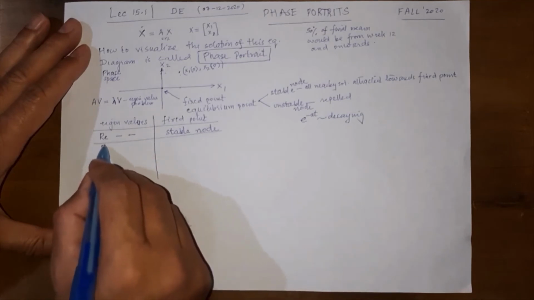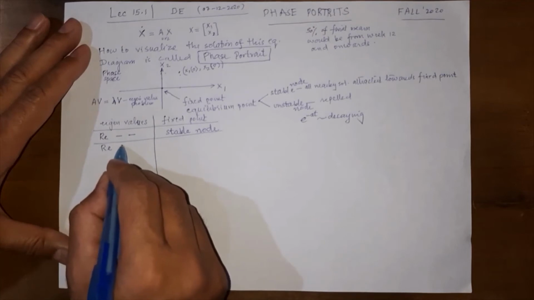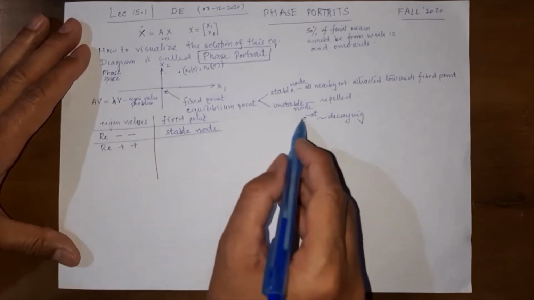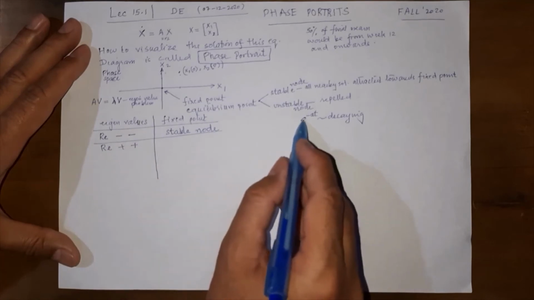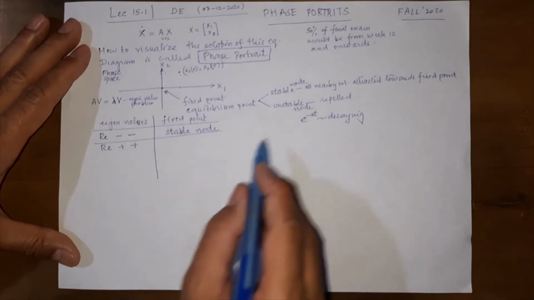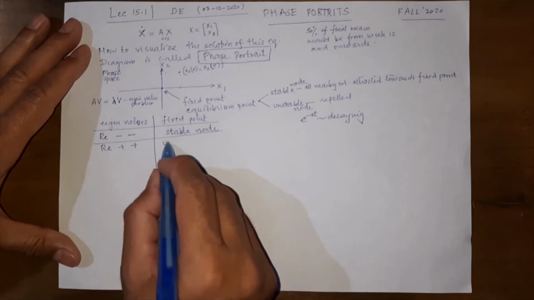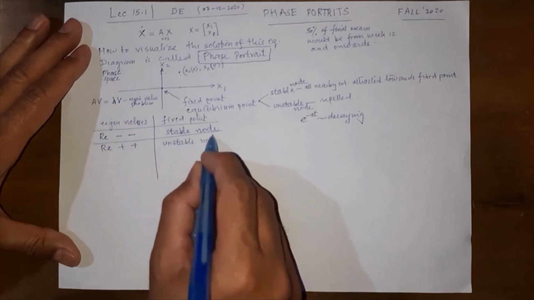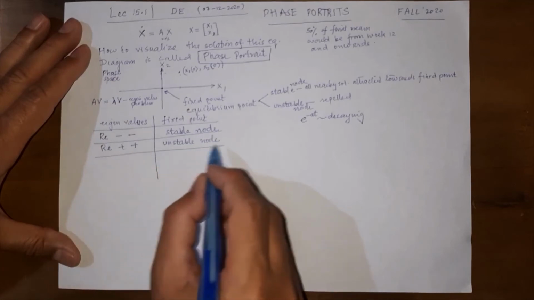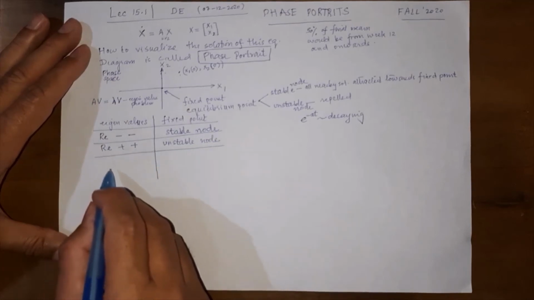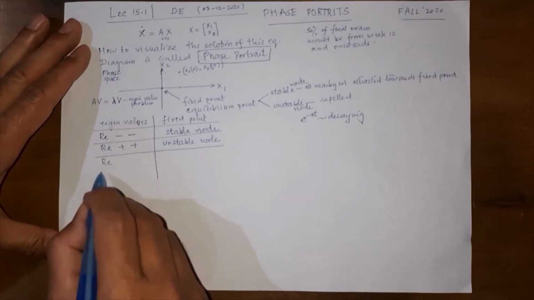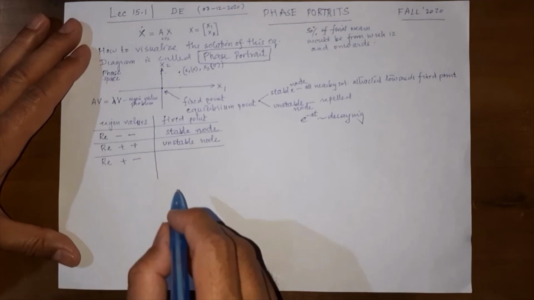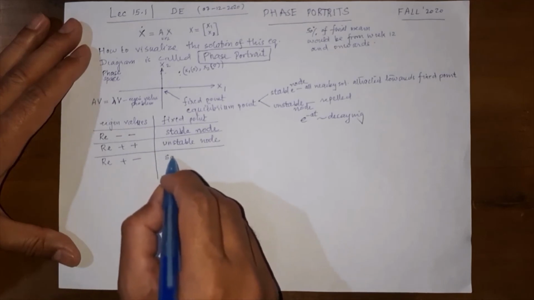And if the eigenvalues are real and both are positive, then because of the same explanation, the exponent would be positive, e raised to the power something positive t. This will be behaving as an unstable node. And if the eigenvalues are real, but one of them is positive and the other one is negative, then this is known as a saddle point.